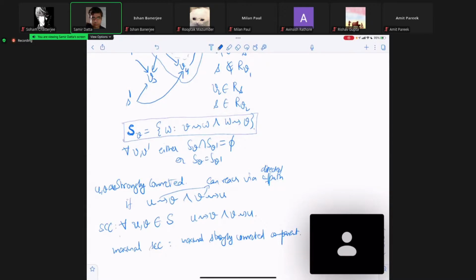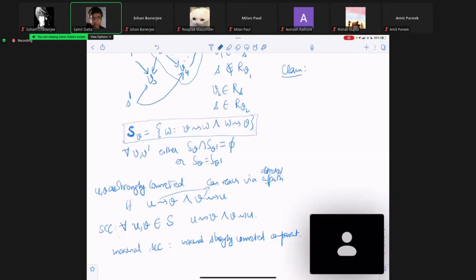The claim is that the collection of S of V, for V in the vertex set, is the collection of maximal SCCs. Why is that? Because firstly, each S of V is strongly connected and it is maximal.